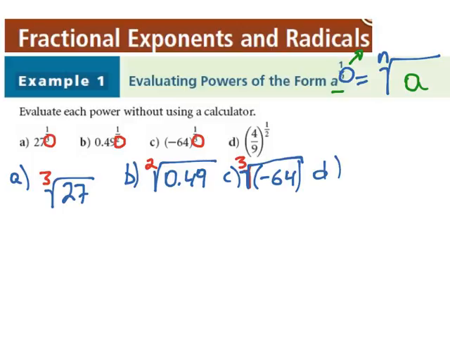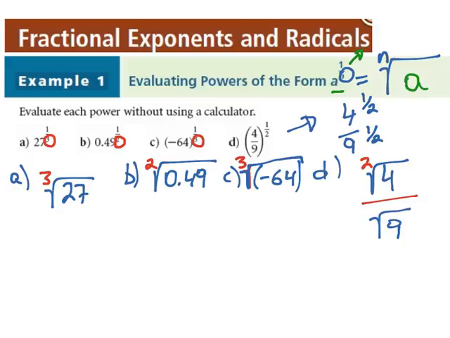And for fractions, we can split the fractions into powers on their own. So this means that we're going to have a square root of 4 and a square root of 9.